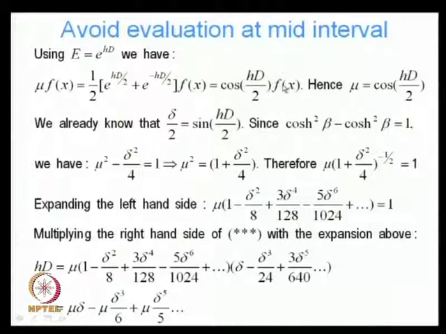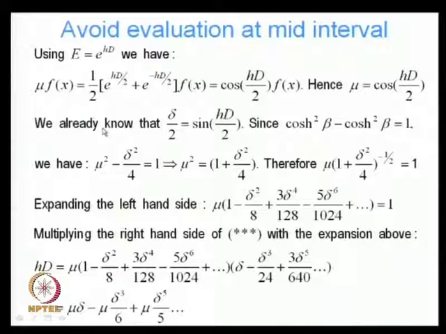And again we said at the beginning of our discussion on operator calculus that two operators are the same if their action on any arbitrary function is the same. So, in this case f is an arbitrary function. So, we can write mu is equal to cos hyperbolic h d by 2, right.